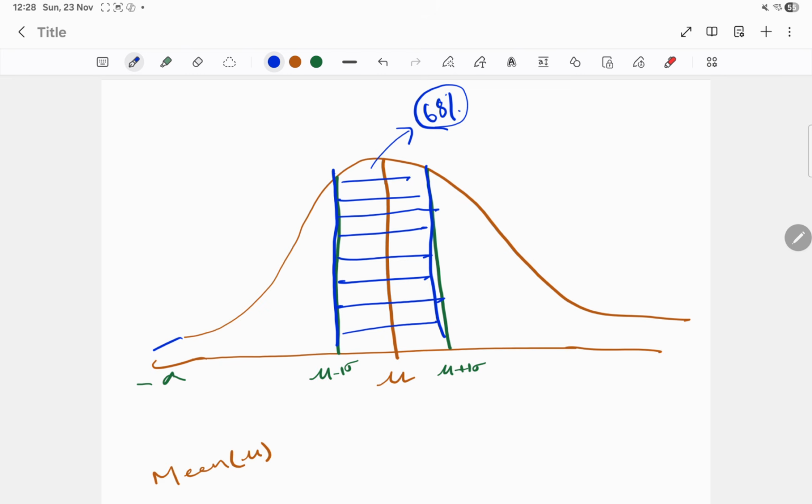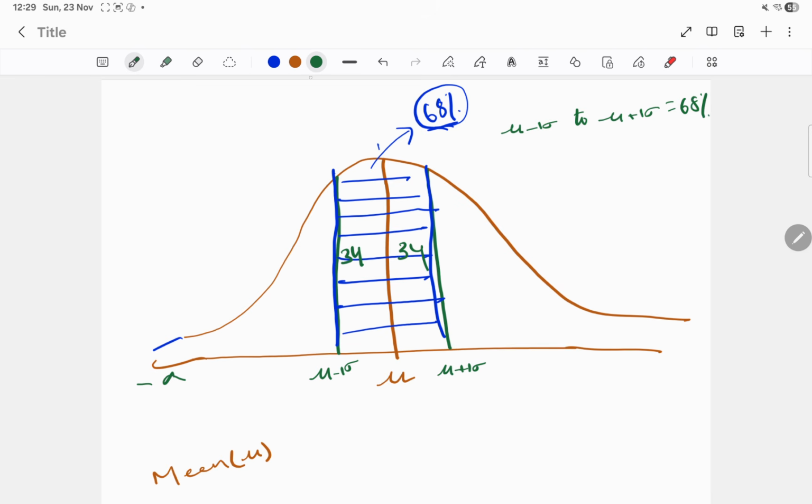And as we know this is symmetrical, therefore 34% will be plotted on the right side, and 34% on the left side. So total is 68. While writing in the exam, you can write the area between mu minus 1 sigma to mu plus 1 sigma is always 68%.